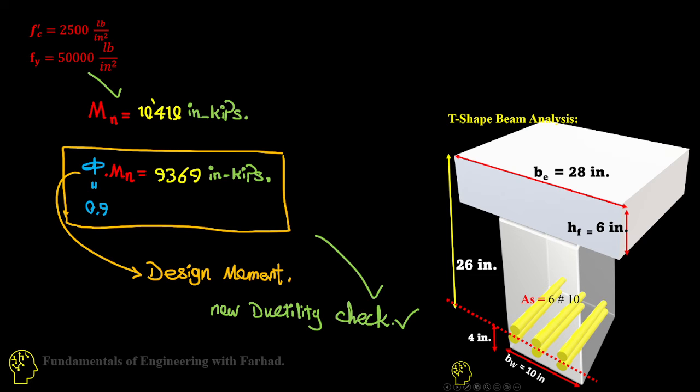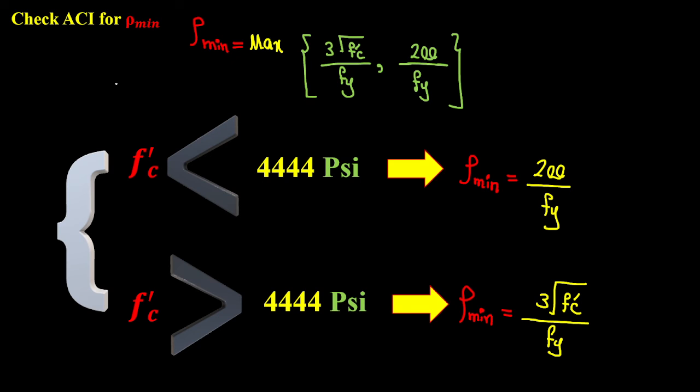So the very first, we have two ductility checks from the ACI code, minimum and maximum. ACI, American Concrete Institute, ACI 318 version 2019 gives us rho minimum as the maximum of these two terms.